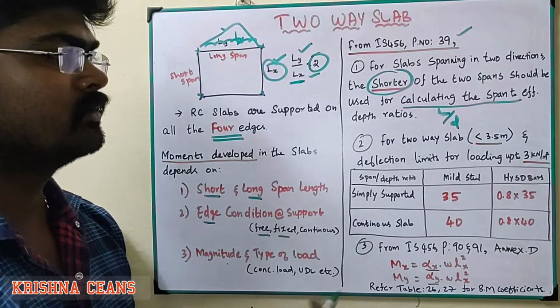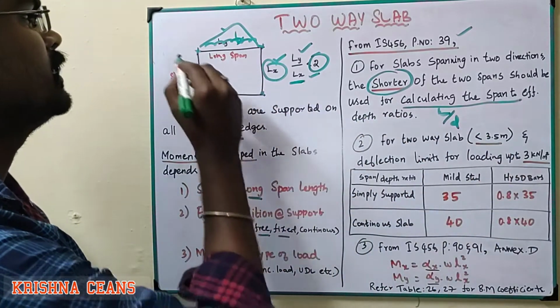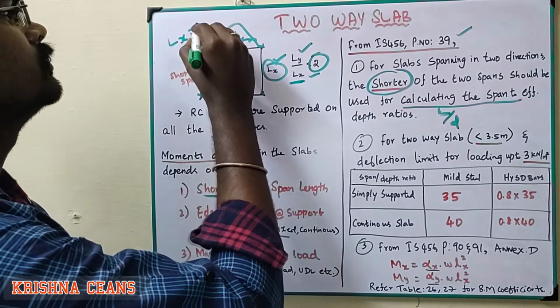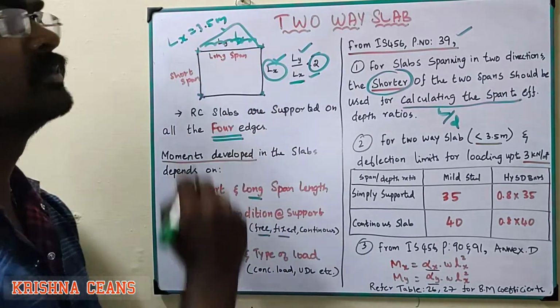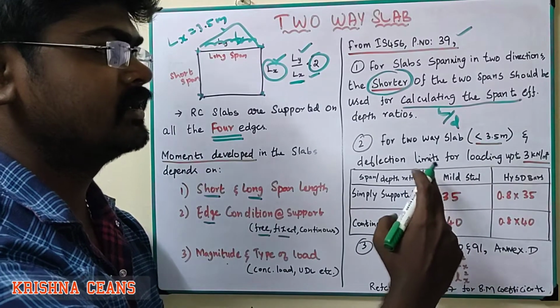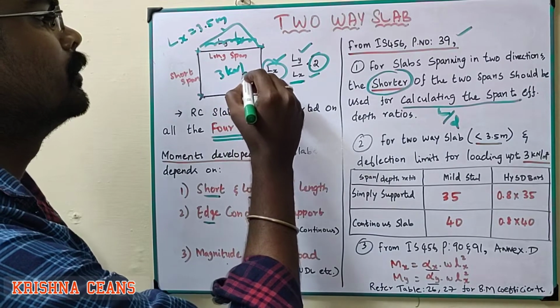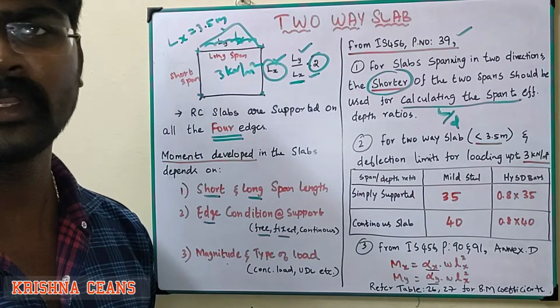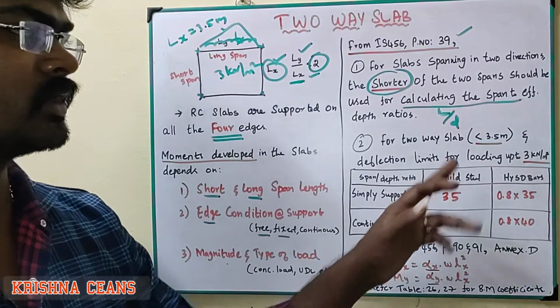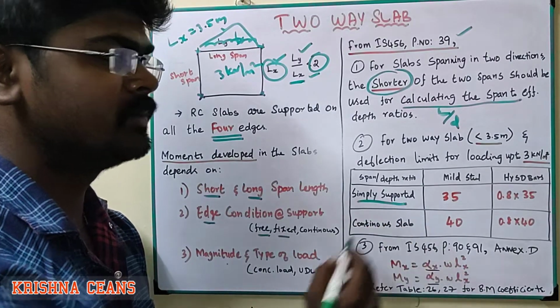Then second one, for the two-way slab, if Lx is equal to 3.5 meter and the loading is up to 3 kilonewton per meter square, we have to consider the span by depth ratio for a simply supported beam.